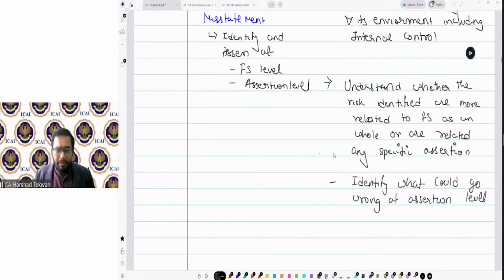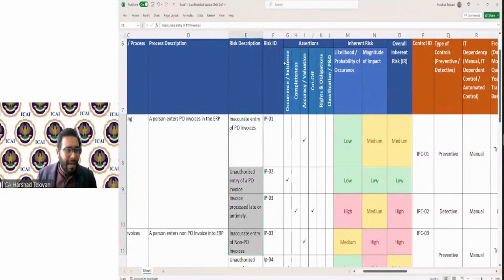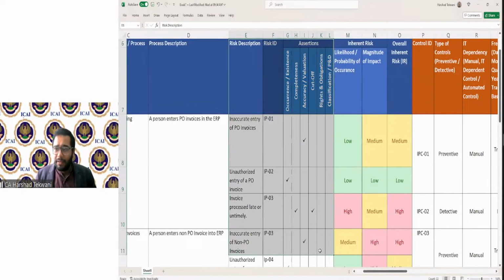Correct? Identify risk and identify what could go wrong at the assertion level. Wait a minute, we have already done this. We identified what could go wrong at the assertion level in the last lecture itself. Remember, the standard is saying you identify what could go wrong at the assertion level. We did that.